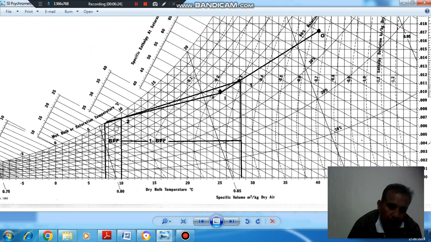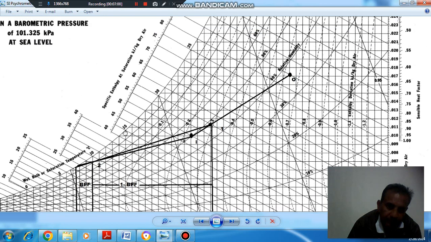So this should be 0.1 and this should be 0.9. This is the bypass factor, and this is 1 minus bypass factor. So this is point 2 after the air has passed through the cooling coil. The condition here is 10 degrees Celsius, and relative humidity is approximately 90%.